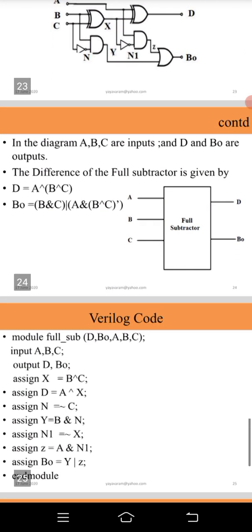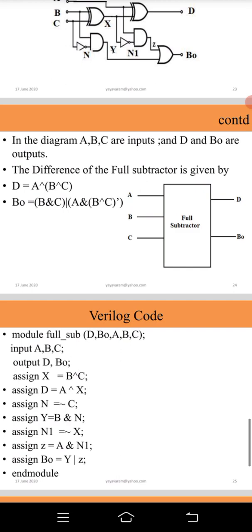Verilog code: module full subtractor (D, B O, A, B, and C). Input A, B, C. Output D, B O. Then assign X is equal to B XOR C. Then assign D is equal to A XOR X. Assign N is equal to NOT C, and assign Y is equal to B and N. Assign N1 is equal to NOT X. Assign Z is equal to A and N1.